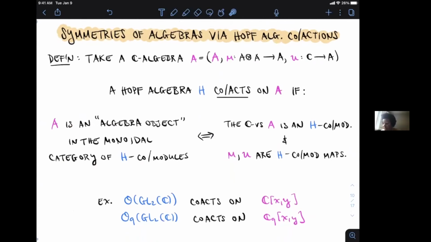So in basic terms, what I mean by an algebra admitting an action of a Hopf algebra is that this vector space is actually a module or co-module, and these two linear maps are H-module maps. That's it. So with this framework, we have that the polynomial ring, for instance, admits a coaction of this commutative Hopf algebra, and this non-commutative polynomial ring admits a coaction of this non-commutative Hopf algebra here.